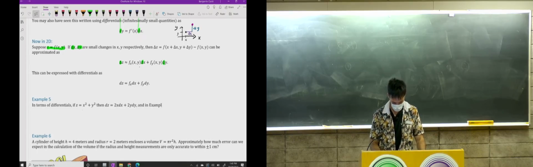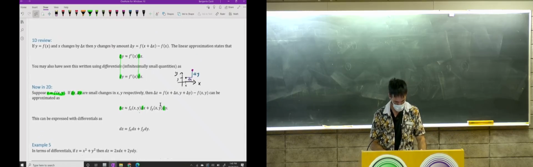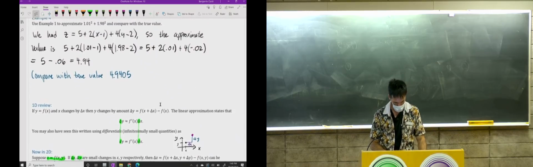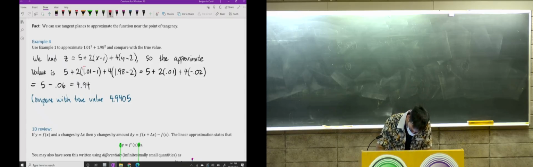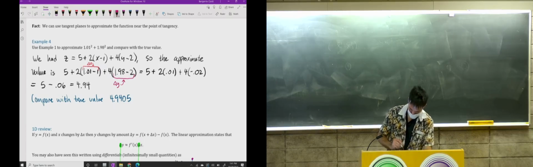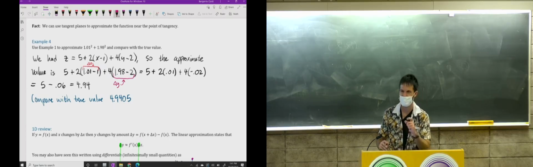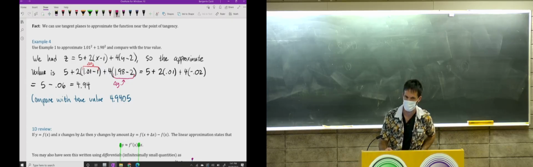Also, using the delta notation, let me just point out what the deltas were in example 4 here. This would have been the delta x term, and this would have been the delta y term. And, oh, could anyone spot what delta z was?